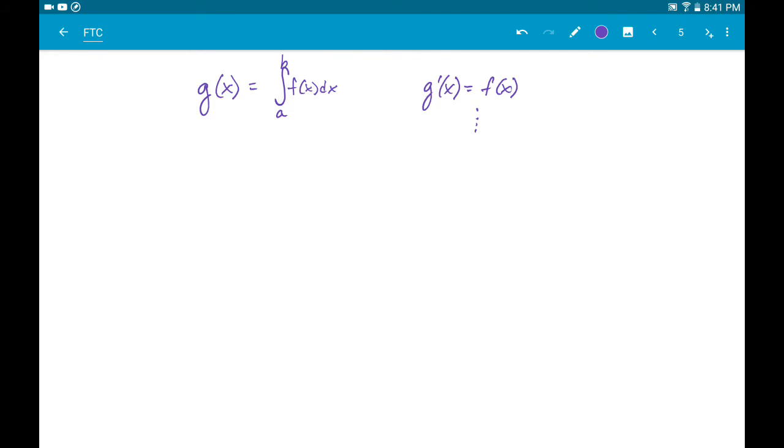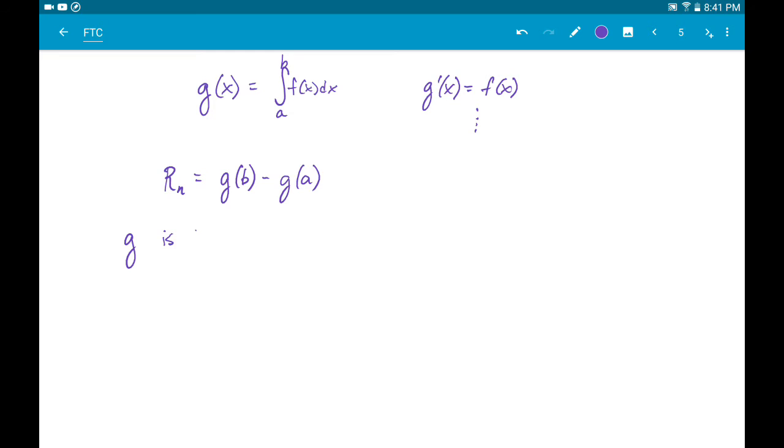But at the very end we found out that this Riemann sum, and the Riemann sum is the definite integral, can be defined as g of b minus g of a. And so let me explain, hopefully in words, the power of this.